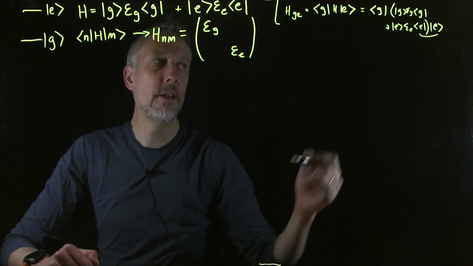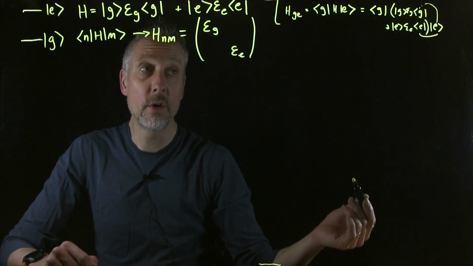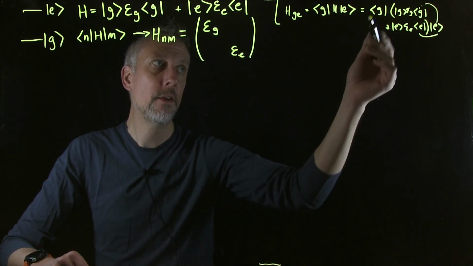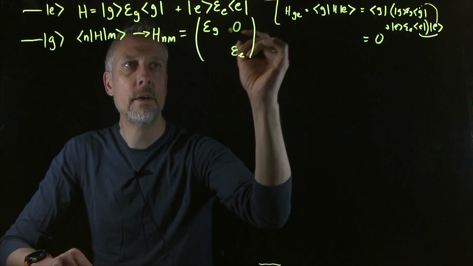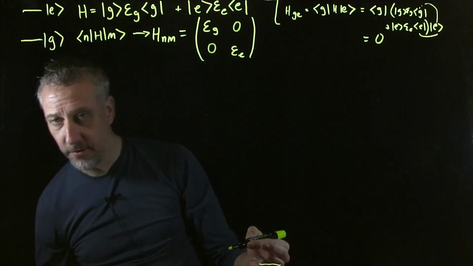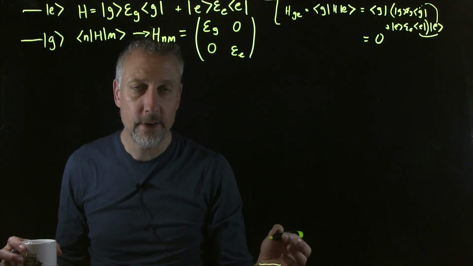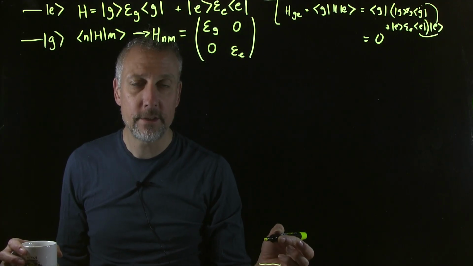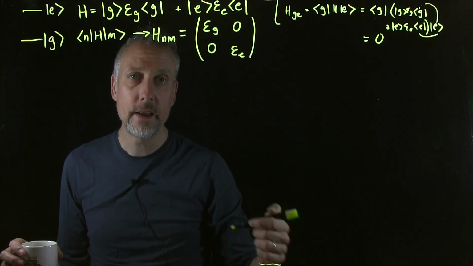So you see this ends up being 1, but this other term here ends up being 0 because they're orthogonal to each other. Same thing. All right, so this term is exactly 0. And that shouldn't be surprising. We found these eigenvectors, E and G, are those vectors that diagonalize the Hamiltonian, meaning when you write the Hamiltonian in that basis, you get a diagonal matrix.